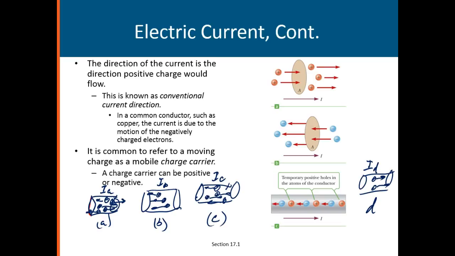Same charge size, same speed. Now this had 2 negatives in this direction, 3 positives in that direction. What would be the magnitude of the current, I sub A?